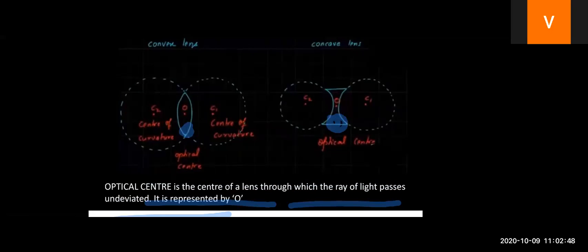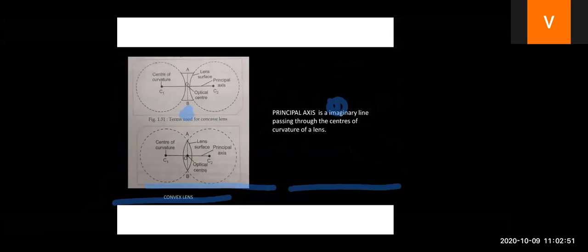Next, your next term is the principal axis. We know the x-axis, y-axis and z-axis. They are lines, right? Similarly, here the principal axis is an imaginary line. It is not a real line, but an imaginary line which passes through the centers of curvature of the lens. As we know, there are two centers of curvature in a lens.